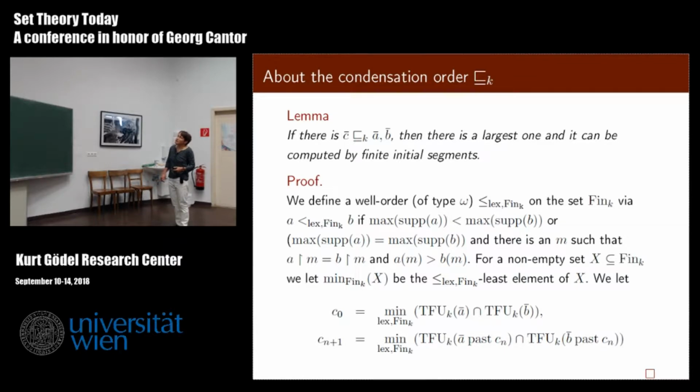And then we go on like this here, and if we know they are compatible, we can take the minimum here in the lexicographic order, witnessing that it's an initial segment of the stronger sequence of both of them, and then go on like this all the time, iteratively. This will be used in forcing.